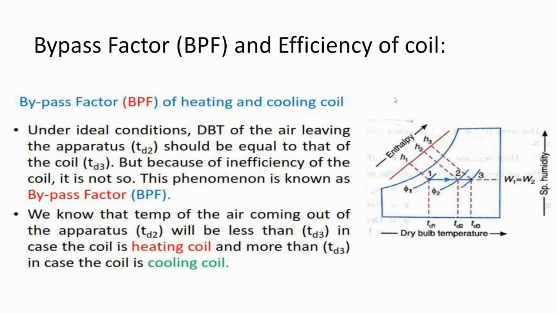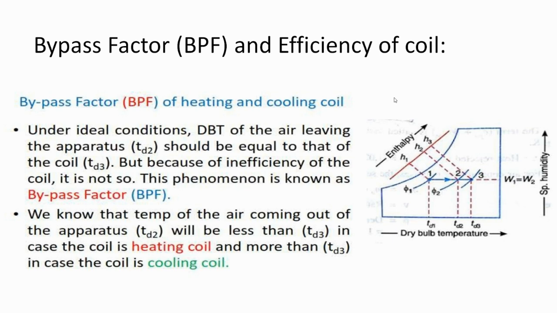So now moving forward, bypass factor and efficiency of a coil. This is an important point because in numericals sometimes we get the bypass factor and efficiency, and depending upon that, we have to get the outlet temperature. If bypass factor and inlet temperature are given, we can easily get the outlet temperature, or inlet temperature vice versa.